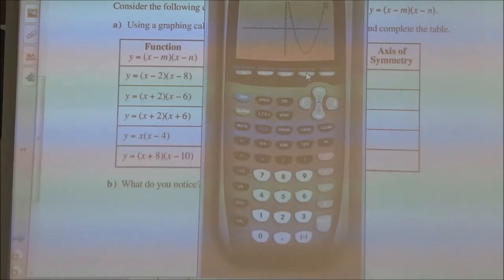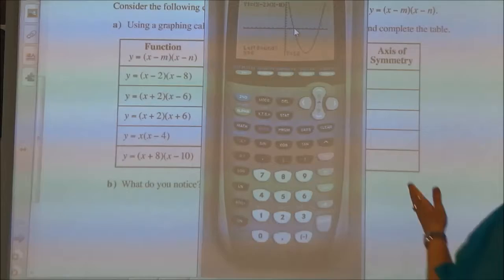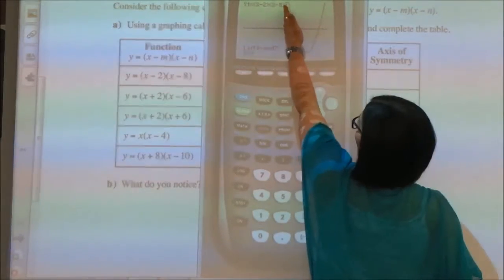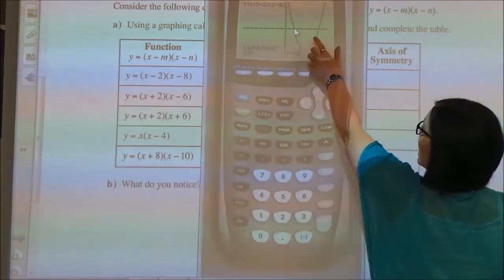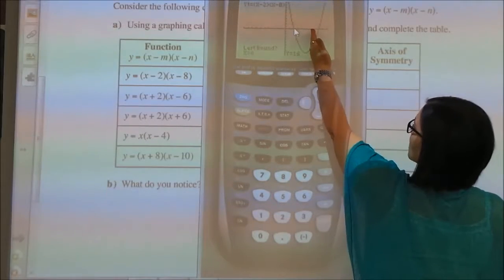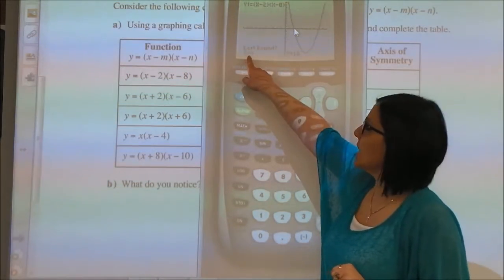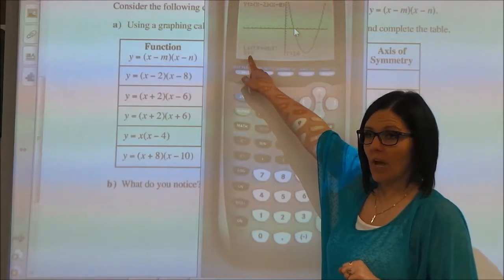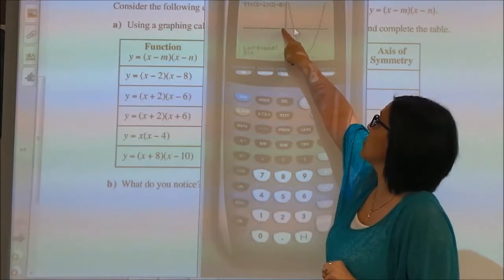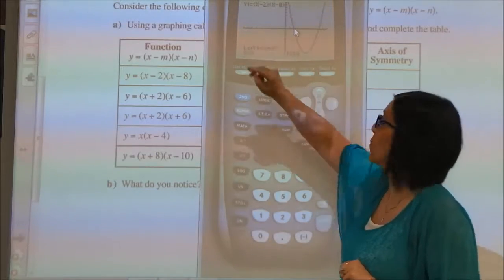So second, calc, choice number 2. And then I have to be on the left side of this zero. Depending where you are on this one, the left side is up here and the right side is down here. If you look here, it gives you what your x value is right now. Mine's at 0, and I know I have to be more than 0 to get to this point.